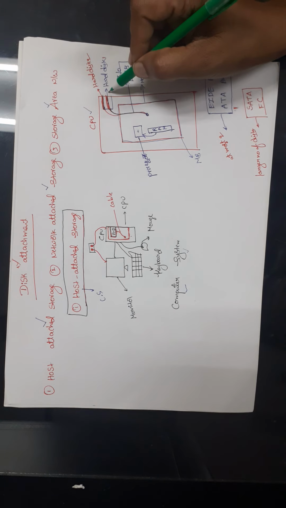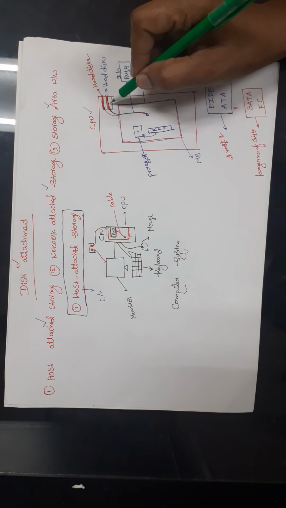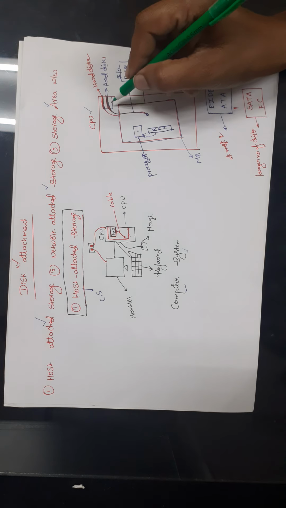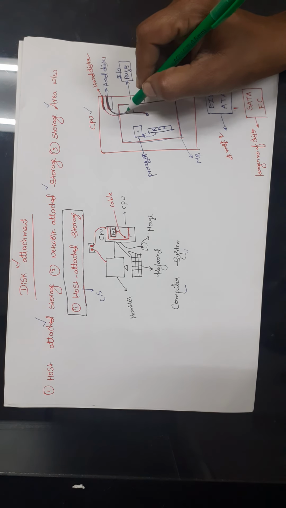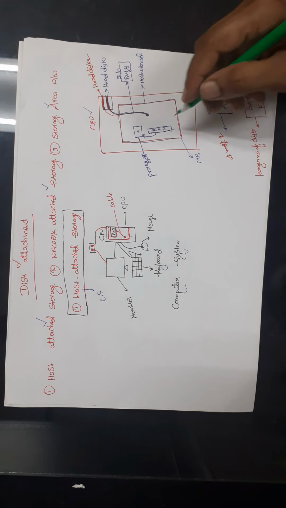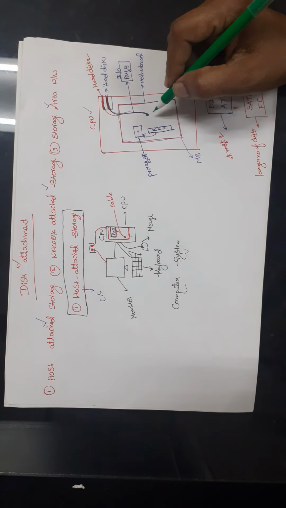And here our hard disks are attached. This is a secondary storage. Now in order to access the data from the hard disk, first the data should be moved from hard disk to the primary memory, right?